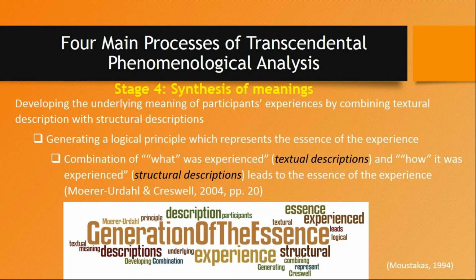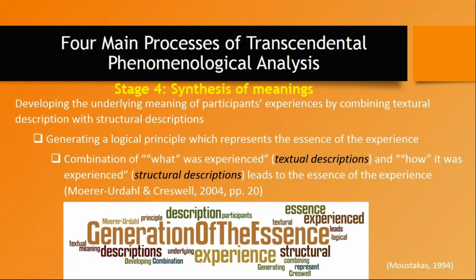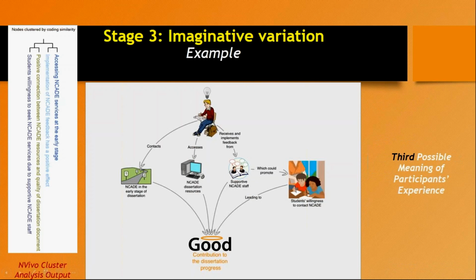It looks like I'm moving from participant-specific experience to an abstract experience. At the same time, I'm not losing the meaning of their experience. So what I'm coming up with, I'm developing something abstract here, but still this information can represent participant experience.